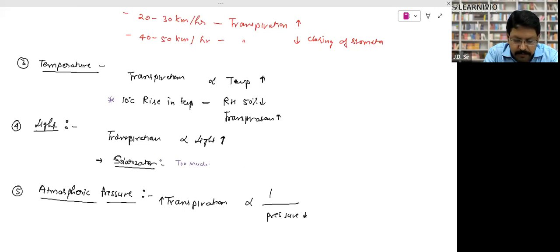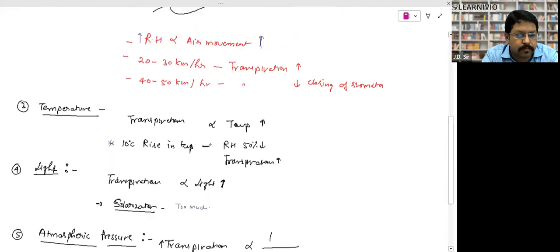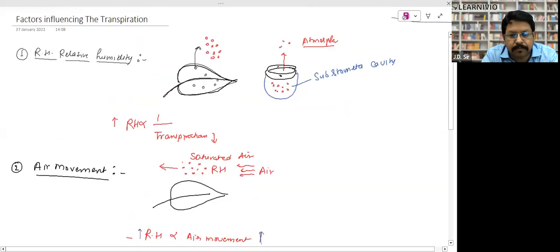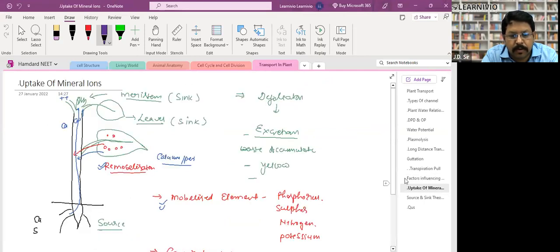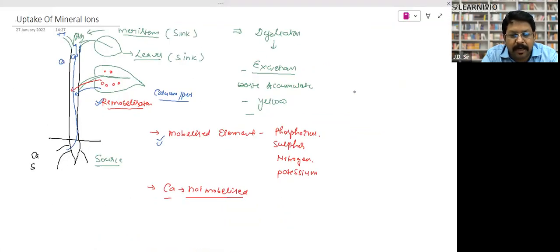Come to the next concept. How does the uptake of mineral take place, right? So first thing, try to understand.